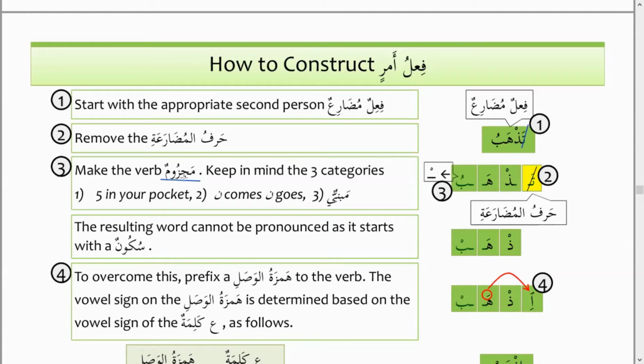And whenever we are making majzoom, we have to remember the 5 in your pocket. I hope you remember this. 5 in your pocket. Noon comes and noon goes, and mabni. Because in mudari there are 5 types. Yafalu, tafalu, tafalu, afalu, nafalu. How do we make them majzoom? By giving them a sukoon.